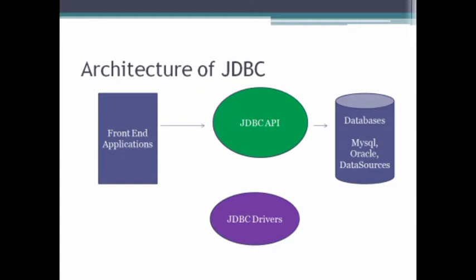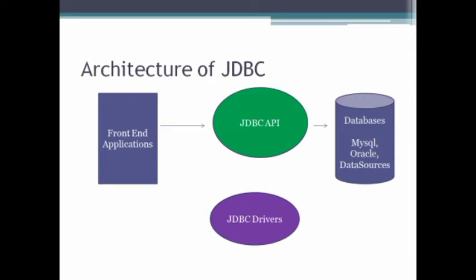There are a lot of applications that you can build with JDBC, like any type of desktop application developed by using JavaSwing or JavaFX. So if there are front-end applications and a back-end database, and we want them to interact with each other, then we have to use the JDBC API. The databases can be of any type like MySQL, Oracle, MS SQL, and any type of data source. And the front-end applications are desktop applications.